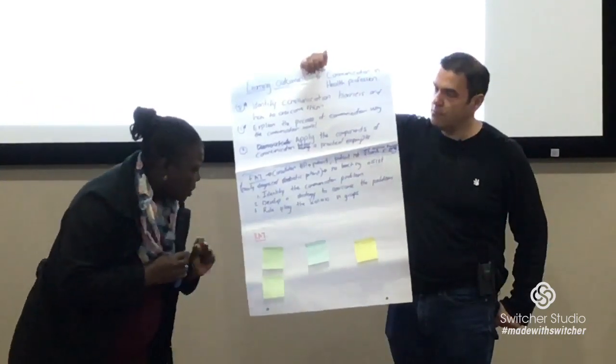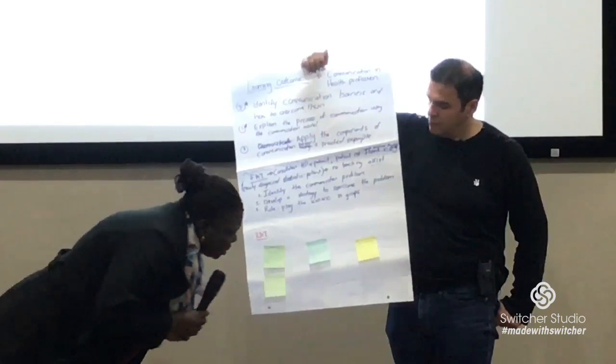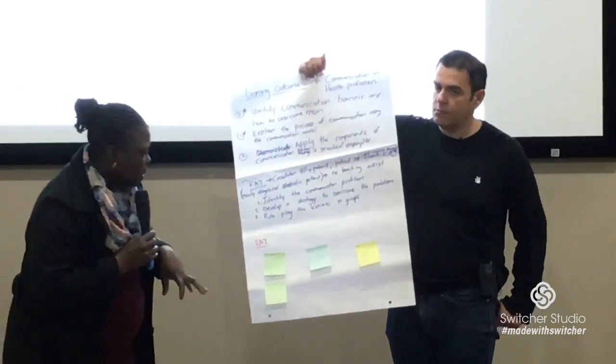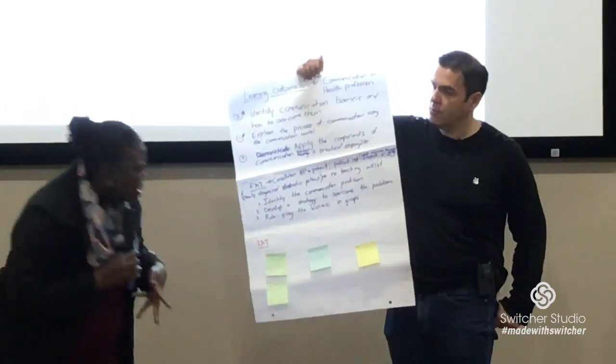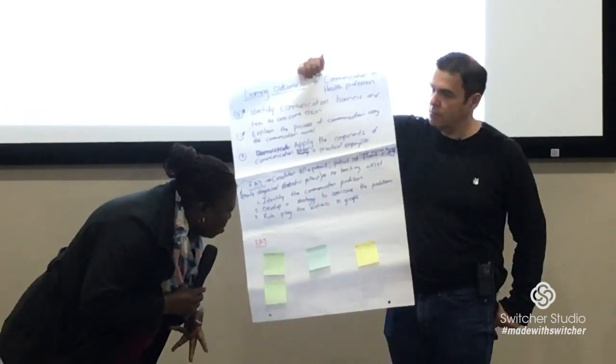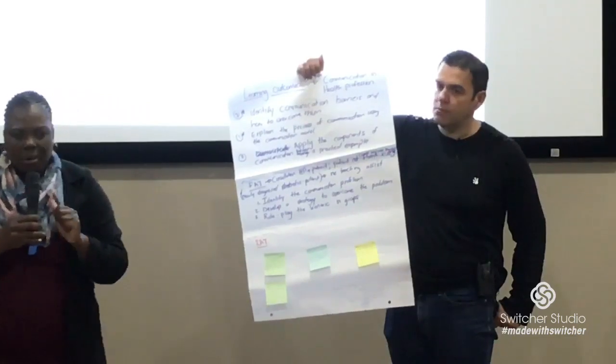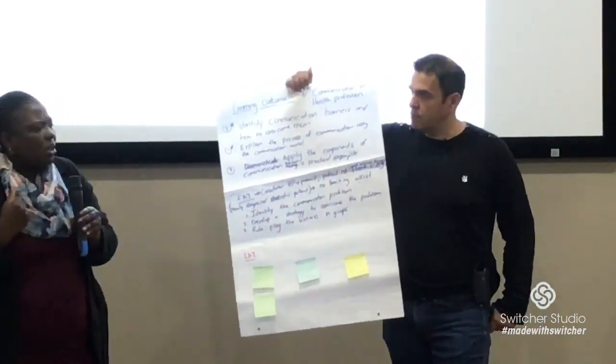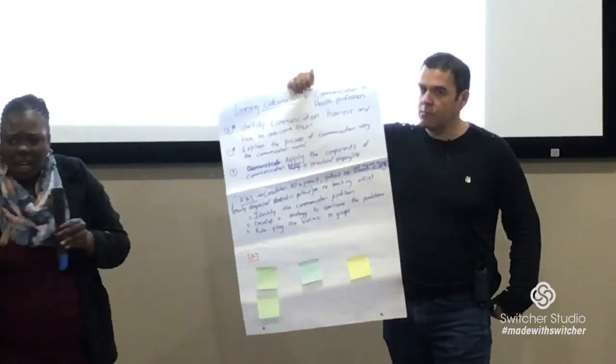And then the medium level question: what would be the result if there is a communication barrier? That's where you get distorted information. That's where the patient would be uncomfortable.